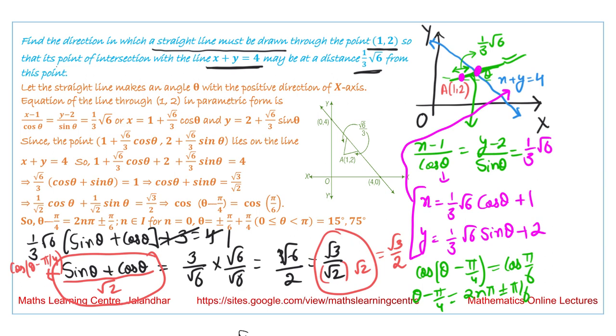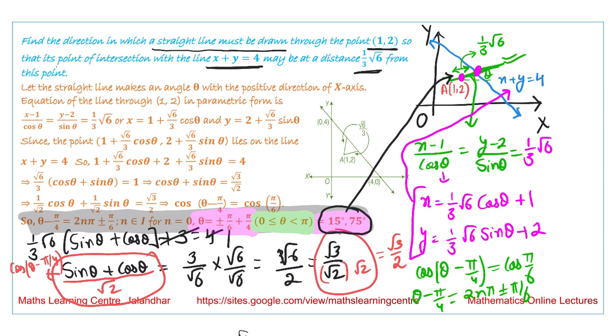So on solving this, the final answer is theta is equal to plus or minus pi/6 plus pi/4, and when the value of theta should belong to the interval 0 to pi, the final answer we are getting is 15 degrees 75 minutes. So this is the angle at which we should draw this line.